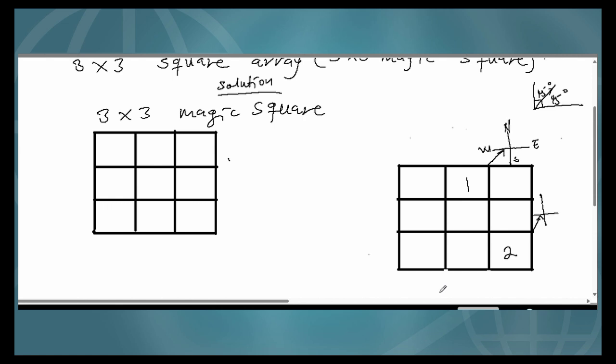The north, we don't have anything there. My east, I got nothing there. My south, I got no entries. But look at the west. There are entries at the west, right? Now, where you see that there are entries, we don't write the value following right on that box.